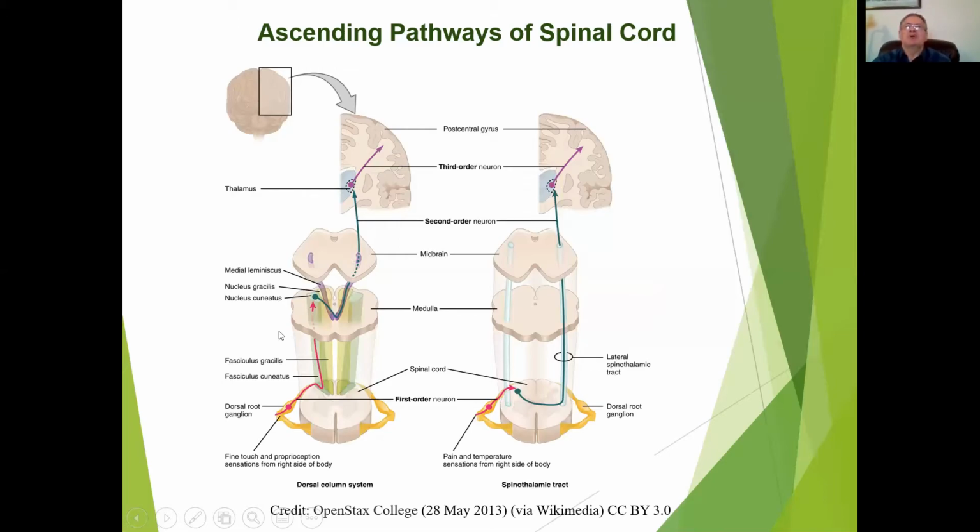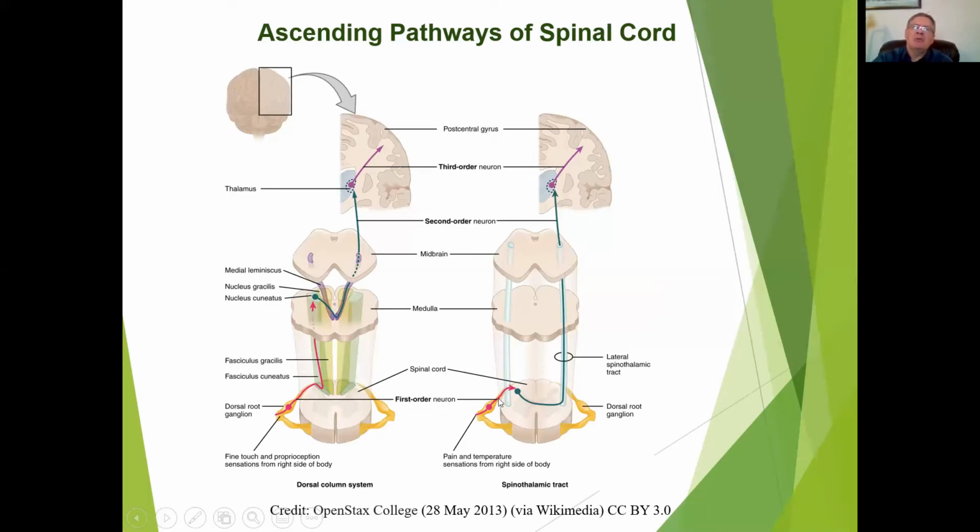And this crossing of the midline, both here and in the motor cortex with motor information, explains why the right side of your brain controls the left side of your body and vice versa. Also, some sensory information will synapse on neurons at the level of the spinal cord.